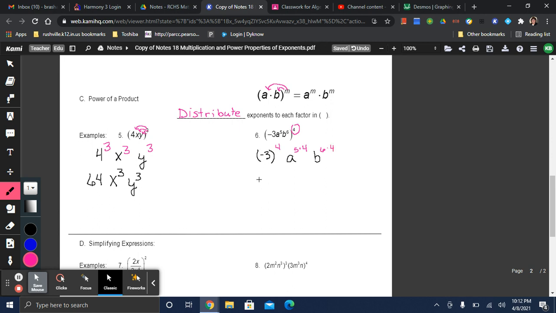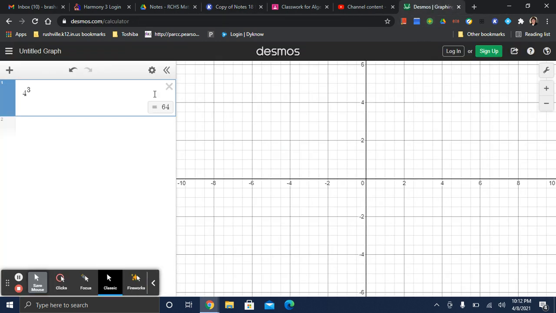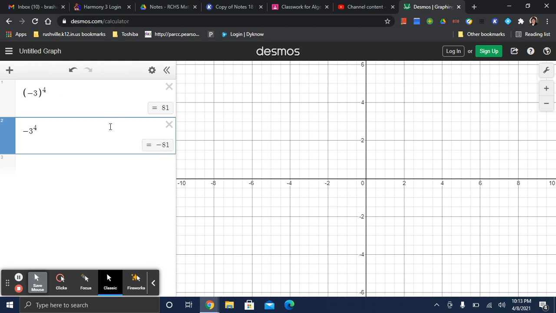So I'll show you in Desmos, that -3 to the 4th power, when I type it in, I want you to see that you'll have two different answers if you don't use the parentheses. So here's the correct answer with the parentheses, raising it to the 4th power, you'll get 81. If you don't put the parentheses in, then notice that you do get a different answer, and this one is not correct.